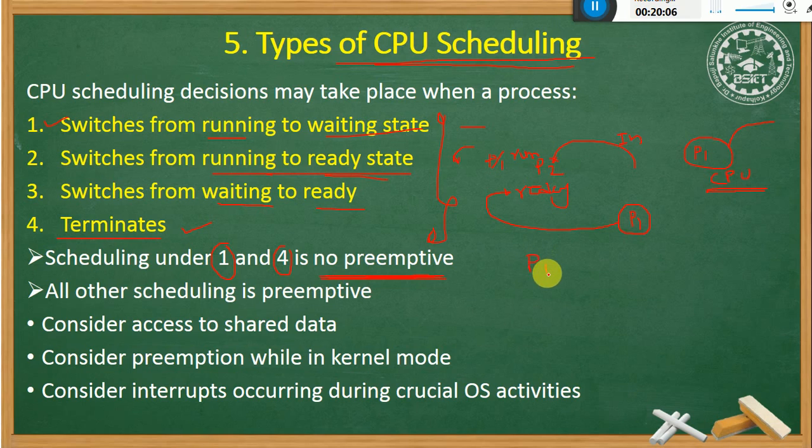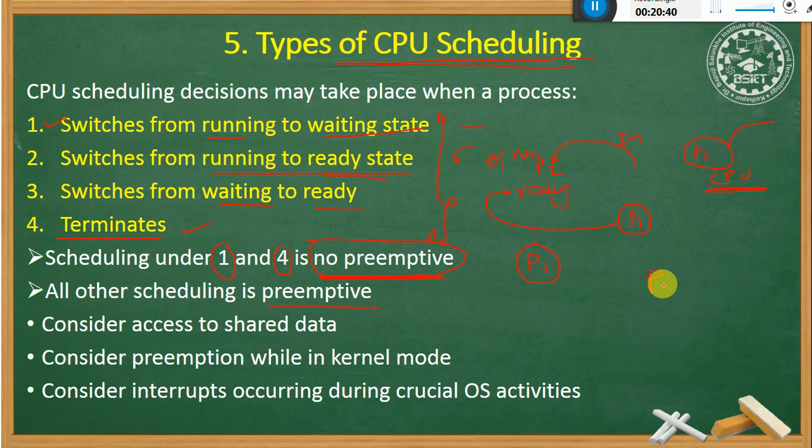If P1 is in the running state, complete execution of P1 is done, and only then will the next process P2 be allocated to the CPU. Non-preemptive means that a process cannot be stopped until it is fully executed by the CPU. So that is called non-preemptive. Conditions 1 and 4 are non-preemptive and all the other conditions, that is 2 and 3, are preemptive.